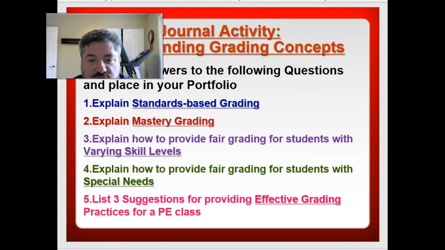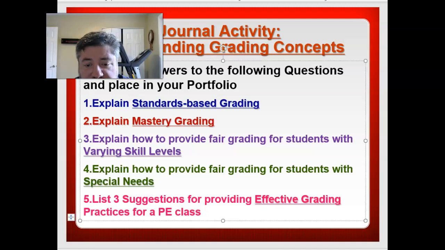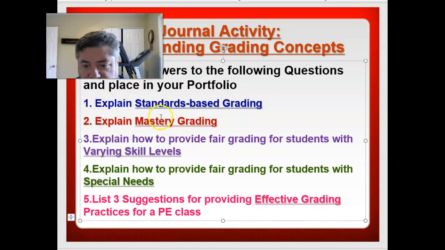So here's an important journal activity. Take out a clean sheet of paper, write the answers to the following 5 questions, and place them in your portfolio. There's a good chance I'm going to ask to see them in class the next day. Explain standards and standard-based grading. Explain mastery grading.